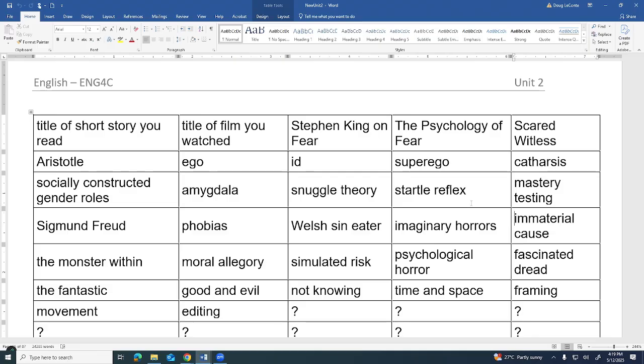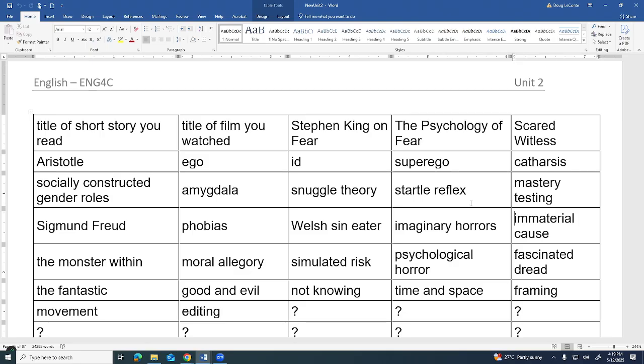There's lots of different elements of film. And then the genres of horror, and the subgenres as well. So these are fairly complicated because there's a number of elements that go in them.